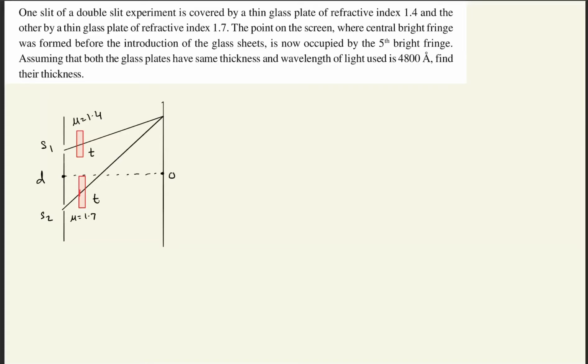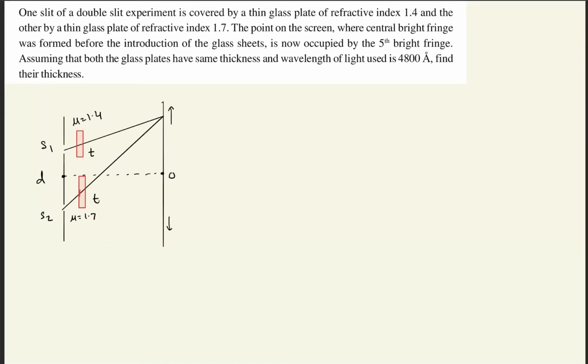So in this case, as you can see, a slab is placed in front of both of the slits. So due to the 1.4 slab, the shift would have been upwards, and due to the other slab of refractive index 1.7, the shift would have been downwards, as we know that the whole pattern shifts towards where the slab is placed.